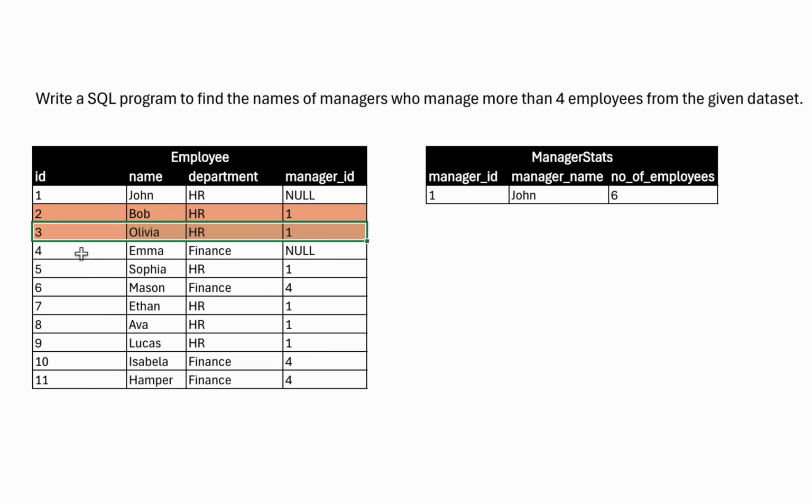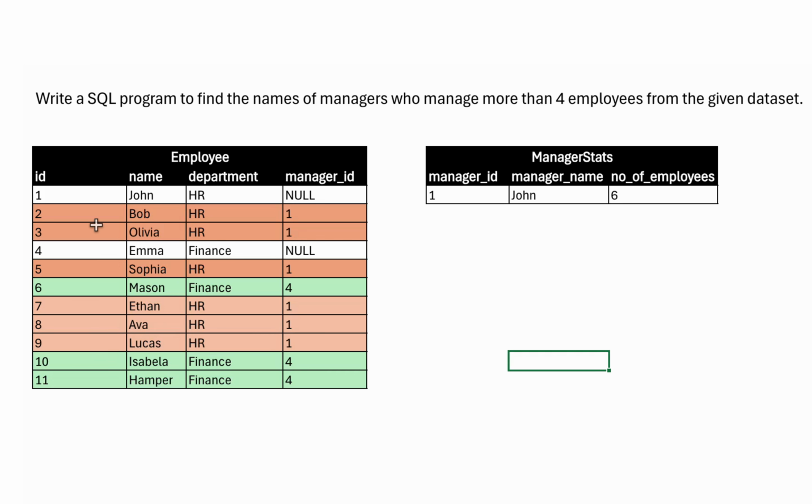Emma does not have any manager. For the fifth row, Sophia, the manager ID is 1. For Mason, the manager ID is 4. For Ethan, the manager ID is 1. For Eva and Lucas, the manager is also 1. And for the last two records, Isabela and Hamper, the manager ID is 4.